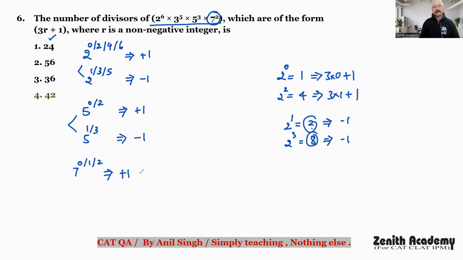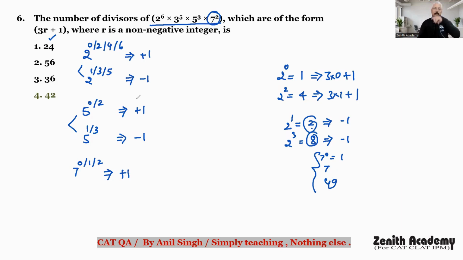So here is only one case, in all cases of any power, whether it is 0, 1 or 2, like 7 or 49. 7 to the power 1 is 7, 7 to the power 2 is 49, or 7 to the power 0 is 1. All these numbers can be written in the form of 3r plus 1.